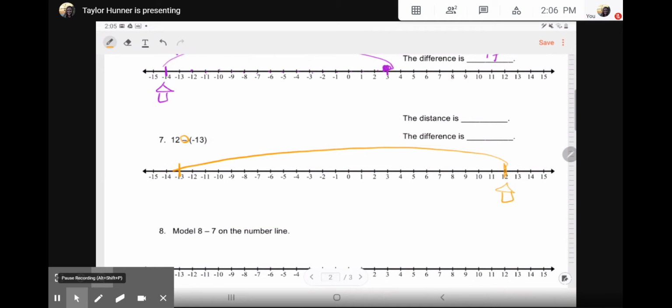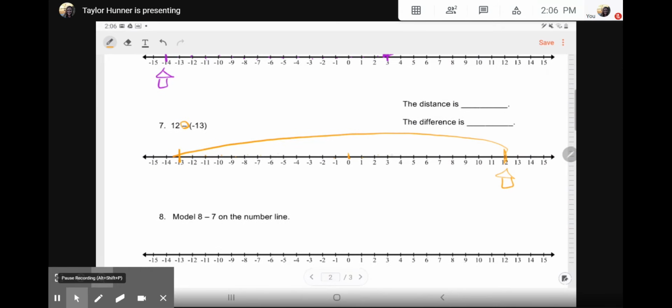And if I think about it, well, I'm going to count 13 spaces all the way up to 0. And then 14, 15, 16, 17, 18, 19, 20, 21, 22, 23, 24, 25. So the distance is 25. Now I have to figure out which direction am I headed in. Okay, well, I ended up here and I'm going back this way towards the positive direction. So my difference is again 25.